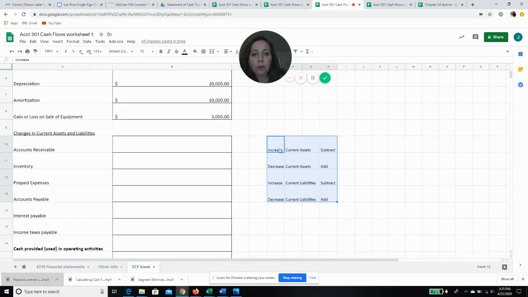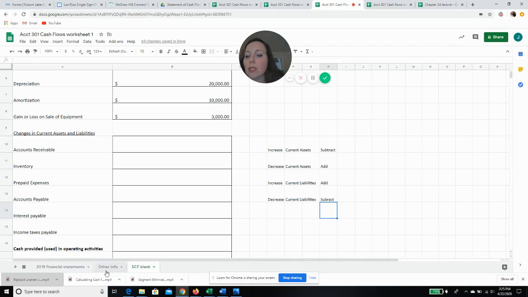That tells us that if we see an increase in our current assets, we're going to subtract that from our cash flows. A decrease in current assets, we will add to our cash flows. An increase in current liabilities, we will add, sorry, I got this wrong, and a decrease in current liabilities, we will subtract from our statement of cash flows.